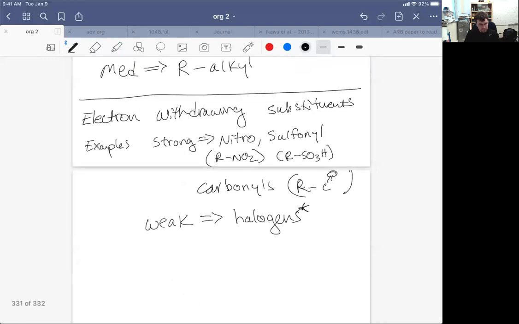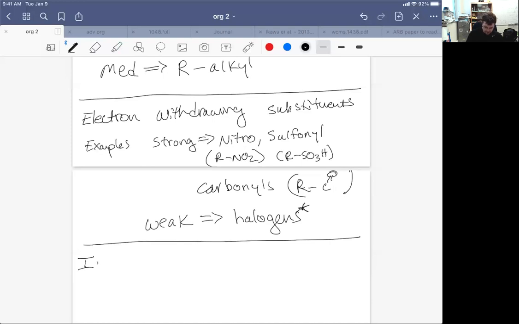Okay, that's helpful. So moving into our actual reaction that we're studying, which is electrophilic aromatic substitution, I want to remind everybody that in these reactions, the aromatic ring, which is the reaction center, is a nucleophile.